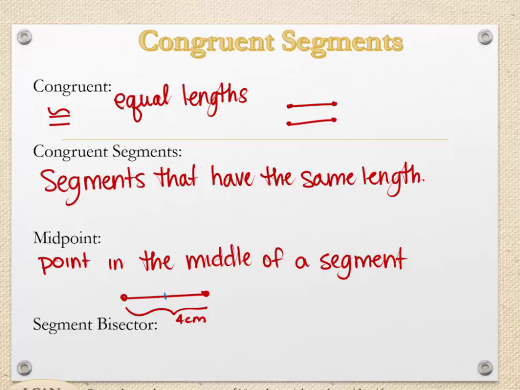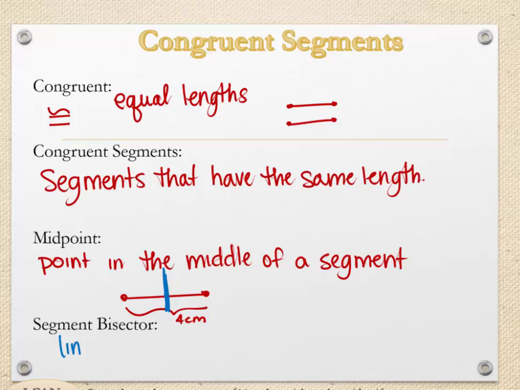And then finally, the last one is a segment bisector. Segment bisector is a line, a ray, or a segment that intersects a segment and cuts it in half. So if I was to draw a line through, right here through the midpoint, that is a segment bisector.